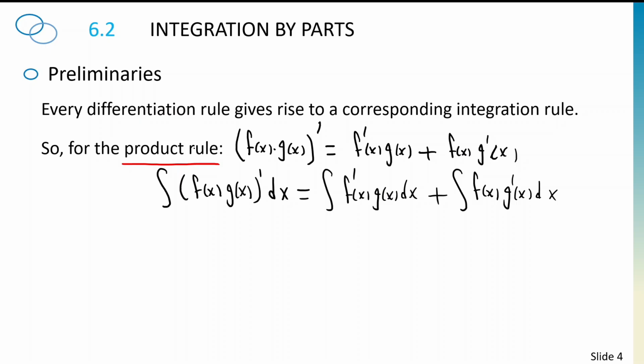So what I've done so far, I'm trying just to show you what's the integration by parts. How did we derive the rule for integration by parts? It's originally coming from the product rule.